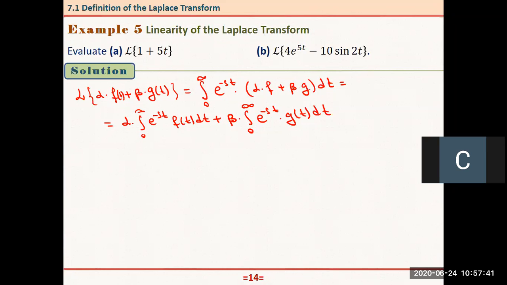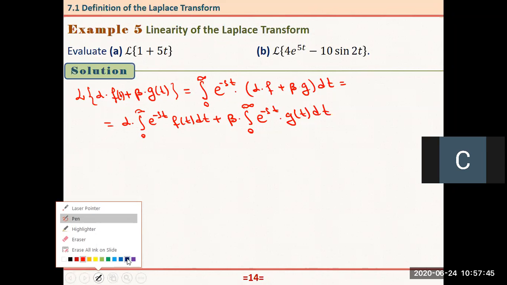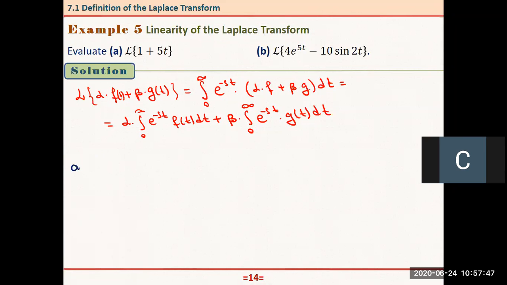Now, using this linearity, consider example A: find the Laplace transform of the function 1 plus 5t. I can write it as the Laplace transform of 1 plus the Laplace transform of 5t. 5 is a constant, so I can take it out, giving 5 times the Laplace transform of t.